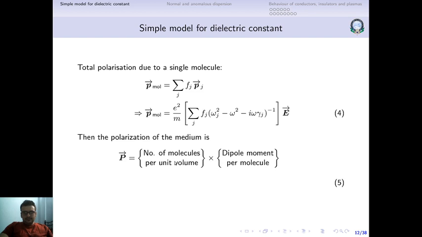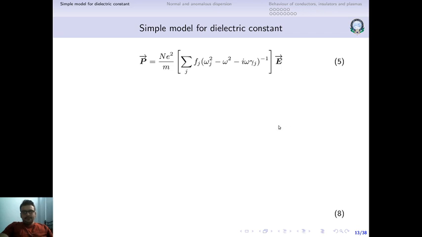So this will give us the total dipole moment per unit volume, and this would be simply equal to N times P mol, because the number of molecules per unit volume is your capital N. So capital N times this quantity will give us the polarization of the medium. So plug these back in. So we have P is equal to N into e squared by m times this summation times E. So that is going to be the polarization of this medium. We'll call this equation number 5.